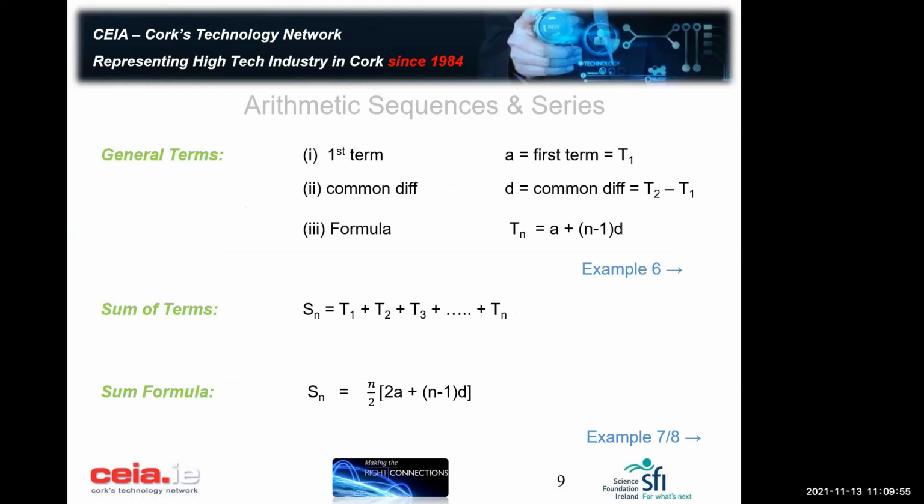So S of n is equal to T1 plus T2 plus T3 all the way up to Tn. In other words, you're adding up all the terms and you get a sum. And that's called S of n. And the formula for it is S of n is equal to n over 2 multiplied by 2a plus n minus 1 d. So we'll do two examples, 7 and 8, where the sum formula is used.